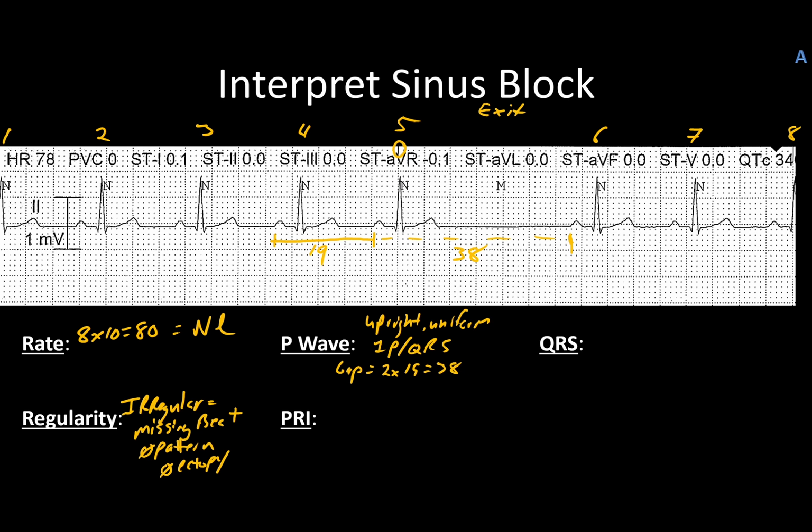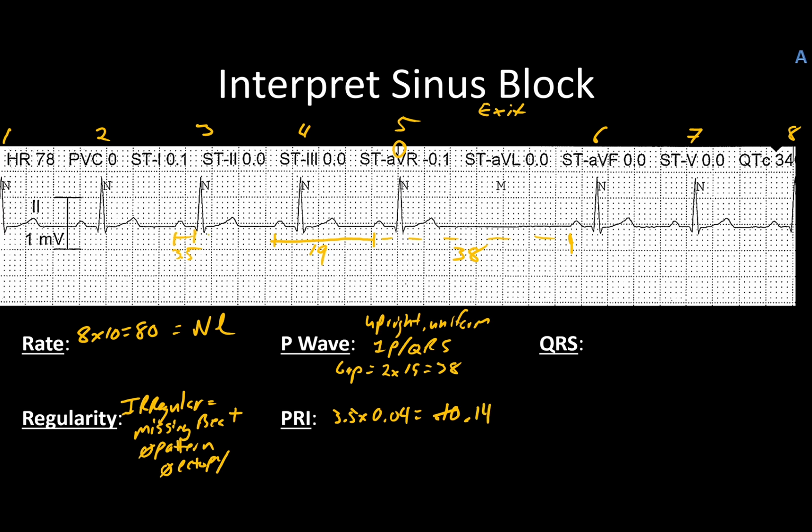Our usual stuff, we'll go ahead and get our PRI measured out. So that's right at about 3.5. So 3.5 times 0.04 gives us 0.14.